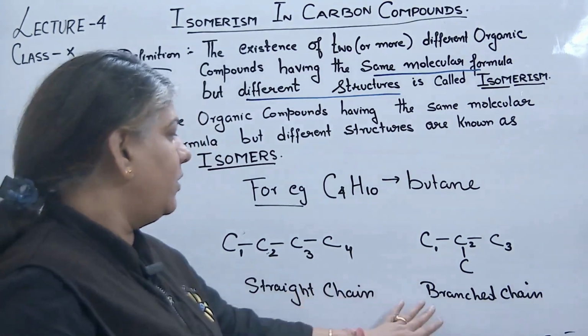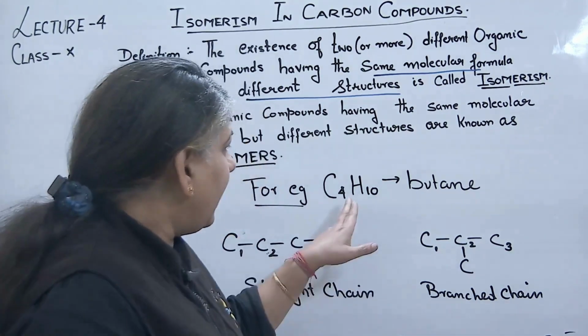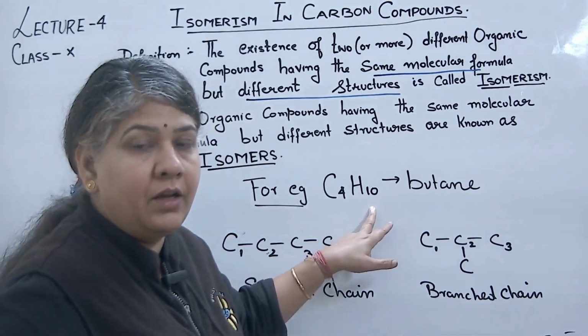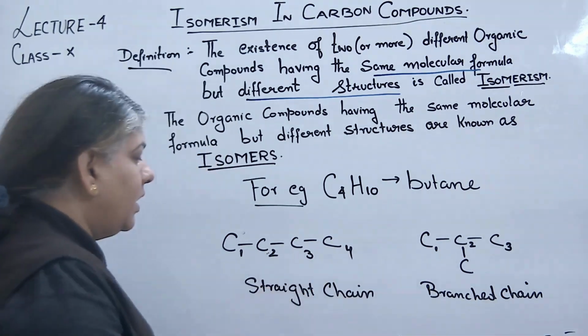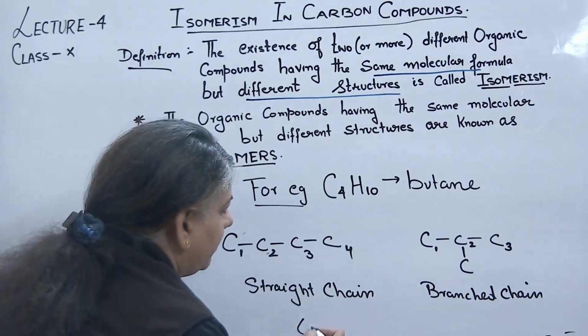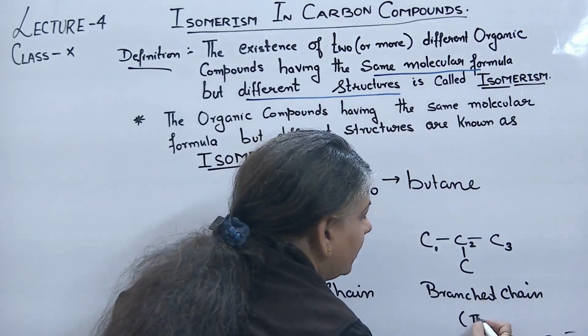So these two arrangements will give rise to two different compounds, both having this formula C4H10, but their arrangement will be different. So this will be called isomer number 1, you can number it, and isomer number 2.